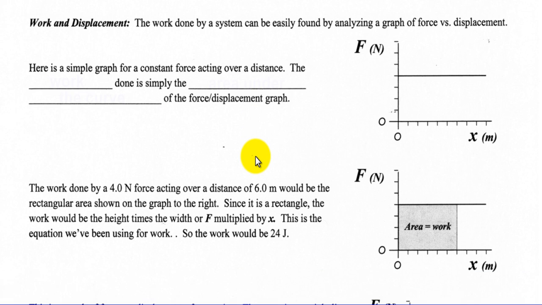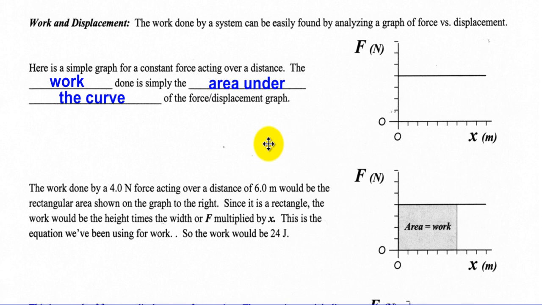Okay, well, the AP test loves graphs, so this is a new type of graph to look at. Work and displacement. The work done by a system can be easily found by analyzing a graph of force versus displacement. So here's a simple graph for a constant force acting over a distance. The work done is simply the area under the curve. So now you have area under the curve, similar to what we were doing in the other graphs.